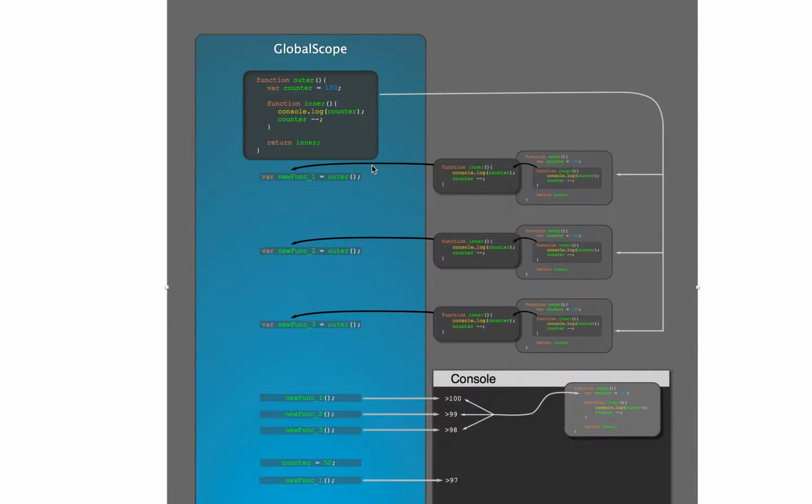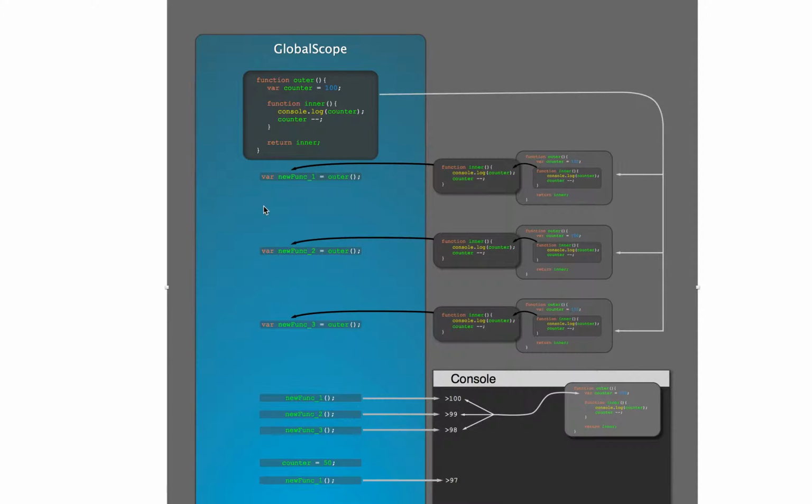And JavaScript uses functional scoping. Basically what that means is that any variable defined within a function, or, in our case here, another function defined within a function, is only visible within this function. Anything outside of it can't see that.